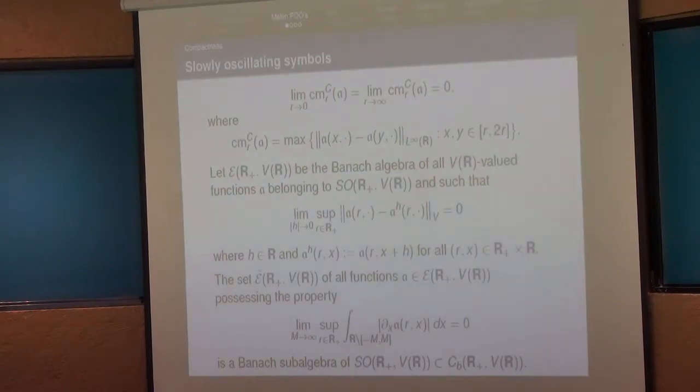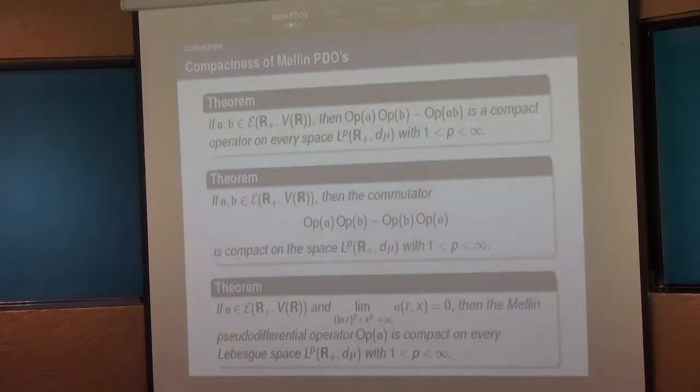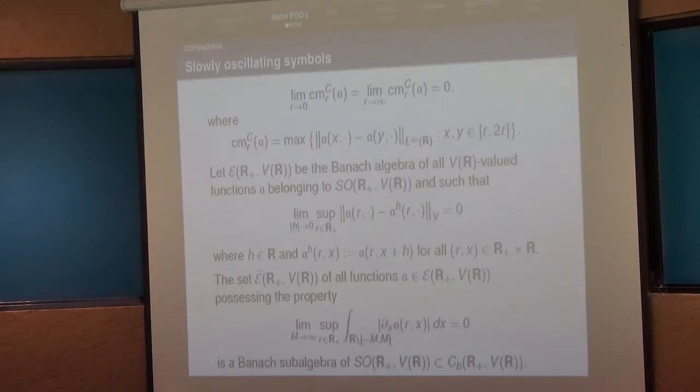So these intervals become smaller and smaller. This set can tell us about compactness of pseudo-differential operators. This set is used to construct Fredholm theory, so to obtain the Fredholm criterion and index formula for pseudo-differential operators. Now about compactness.